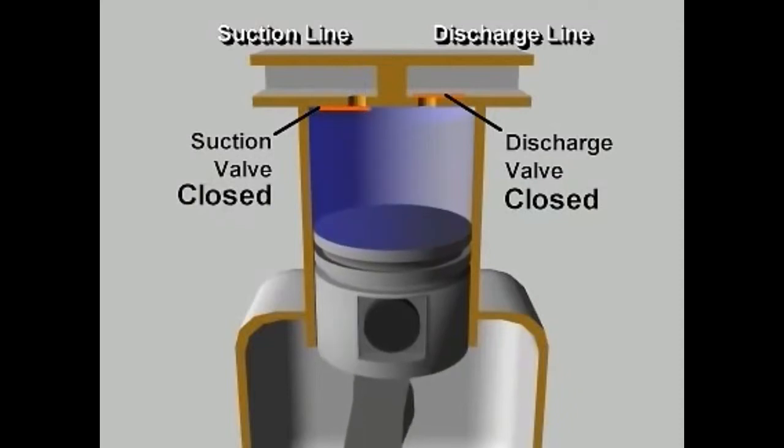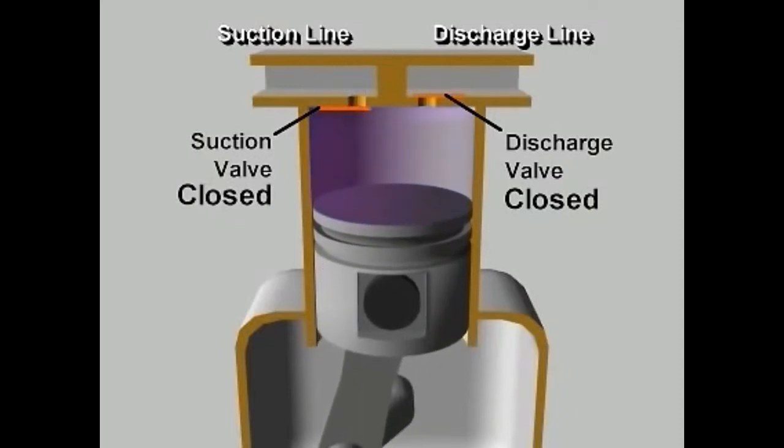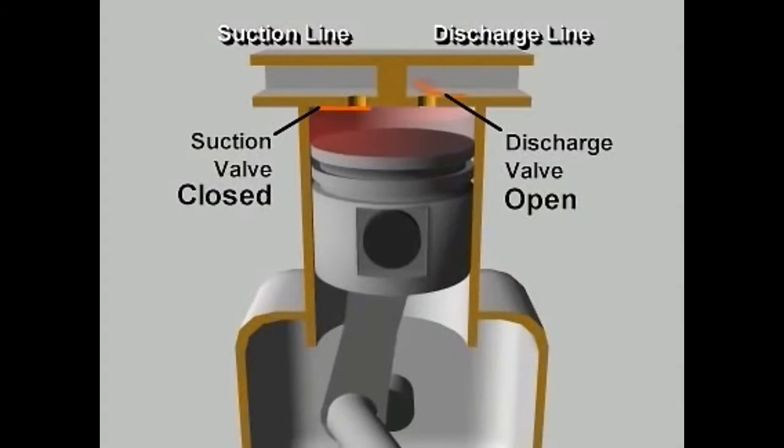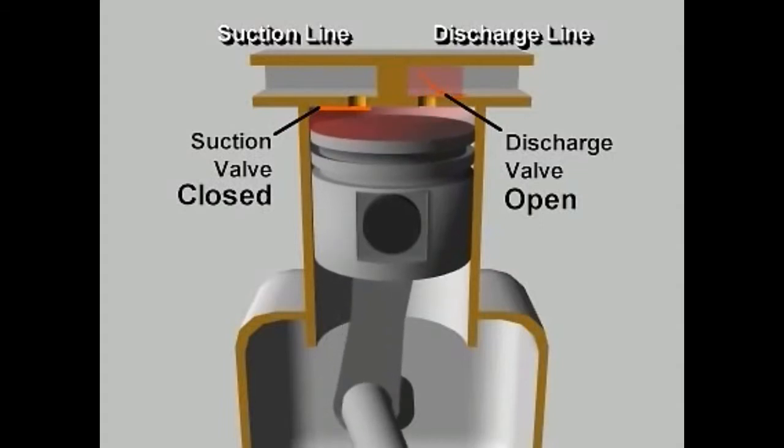The suction valve closes. As the piston moves up, it reduces the volume of the space in the cylinder, increasing the pressure of the vapor. When the pressure in the cylinder exceeds the high side pressure in the discharge line, the pressure difference pushes the discharge valve open, letting the compressed vapor flow out of the cylinder.